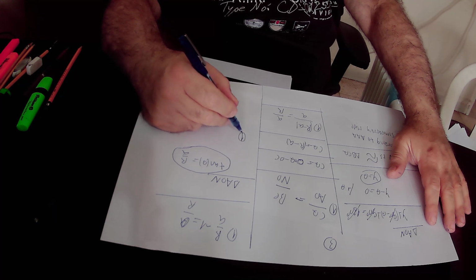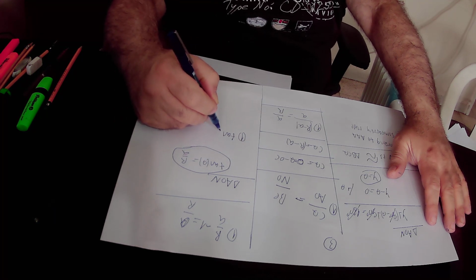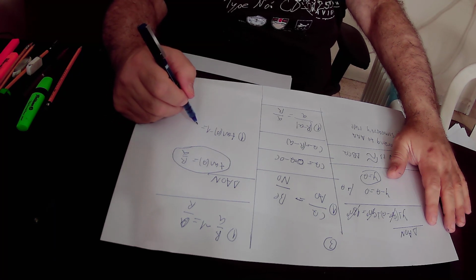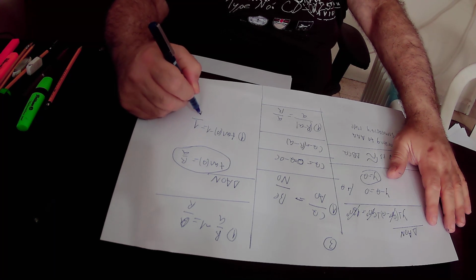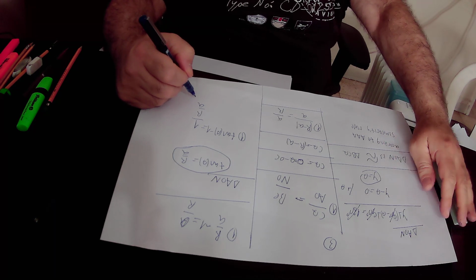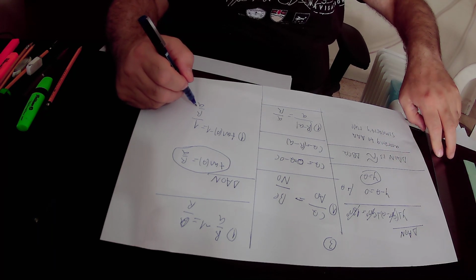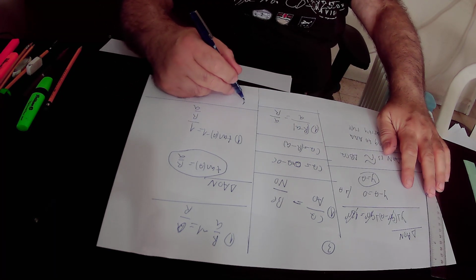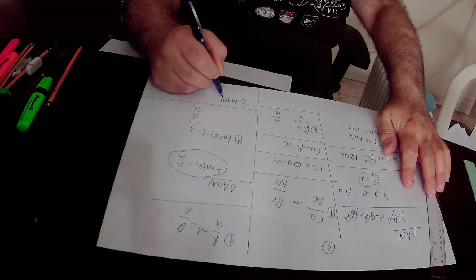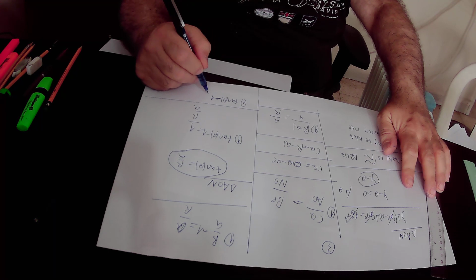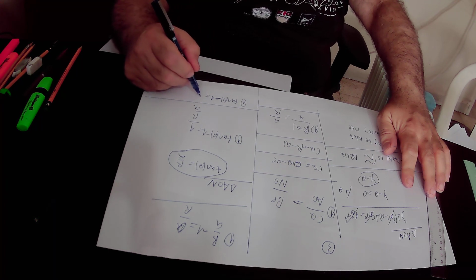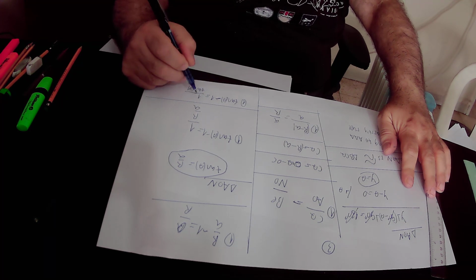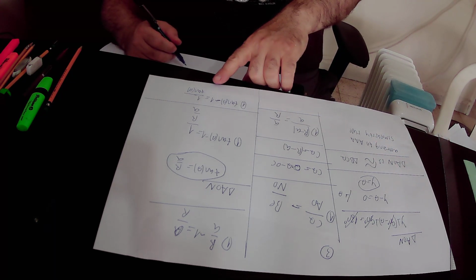We'll do it now, and we'll get that R over A, that is tangent theta, minus 1, is equal to A over R. A over R is equal to 1 over R over A. Now we can substitute R over A by tangent theta, and we'll get that according to equation number 1, tangent theta minus 1 equals 1 over tangent theta.